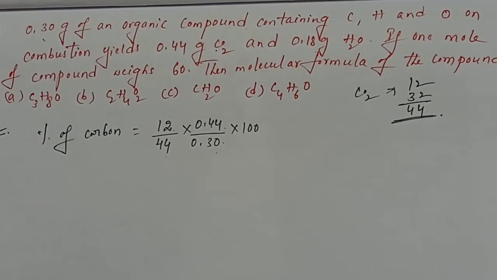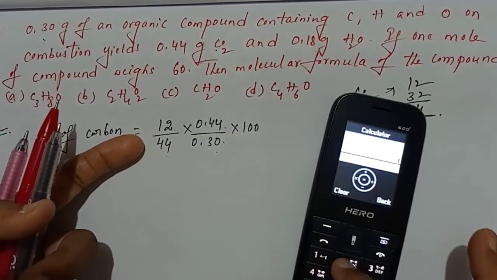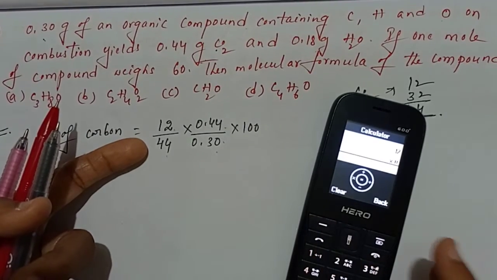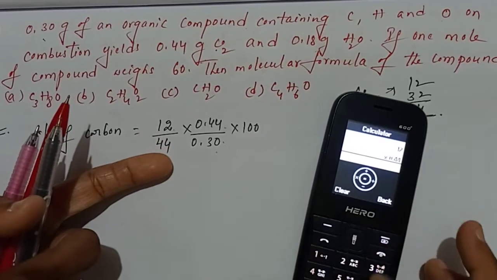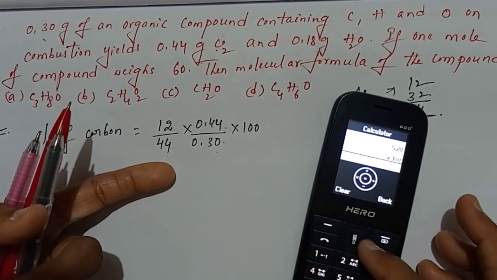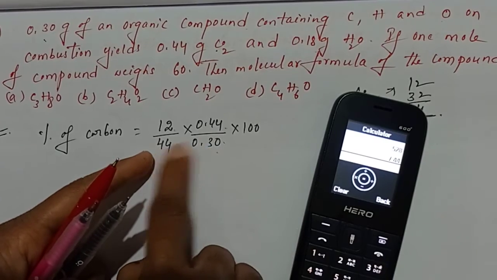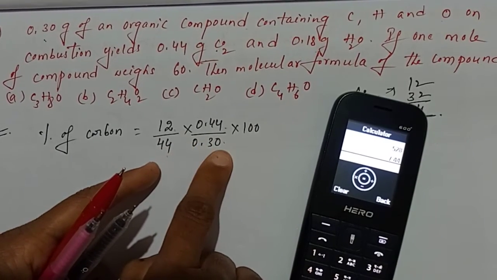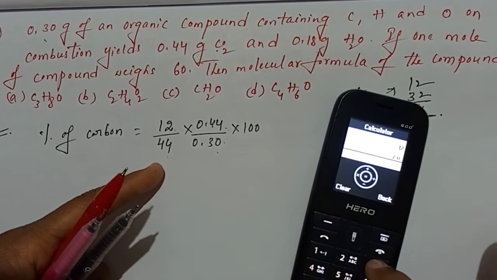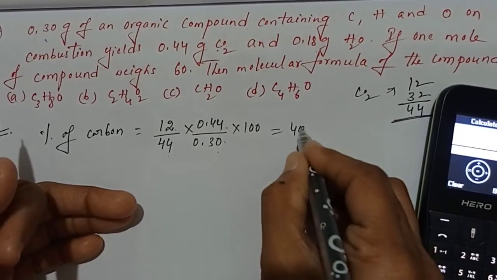Then how much do you get, students? 40%. Percentage of carbon is equal to 40%.